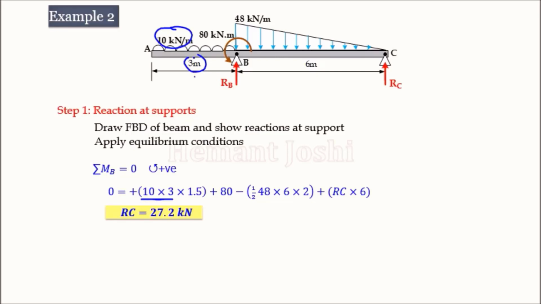It will act at the midpoint because it is a rectangular load, and I am taking moment at point B, so this horizontal distance we require, and that is 1.5. Observe that this moment is creating an anti-clockwise moment, so the sign is taken positive. Second is the couple. The couple is 80, so it is taken as it is, positive because of its anti-clockwise nature.